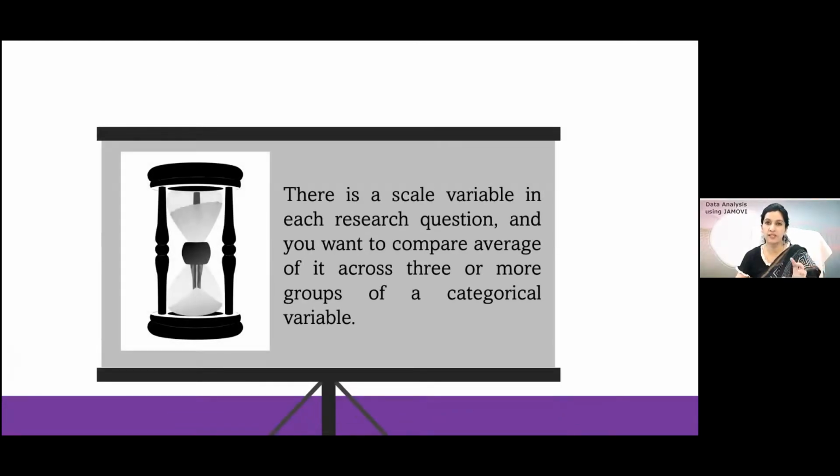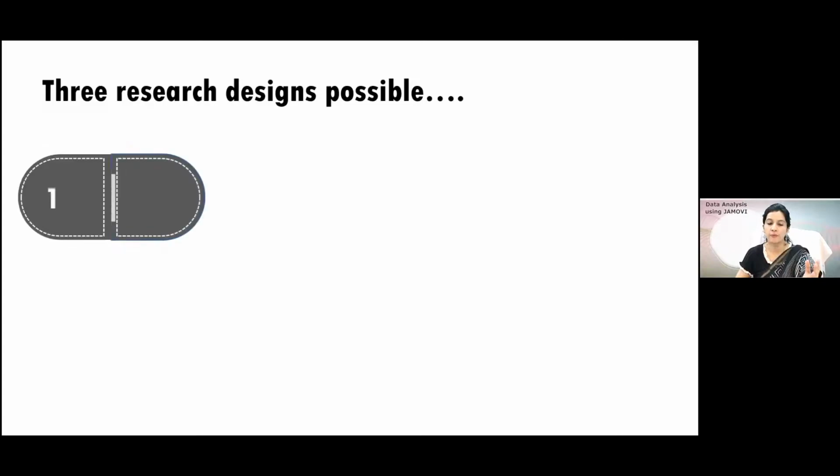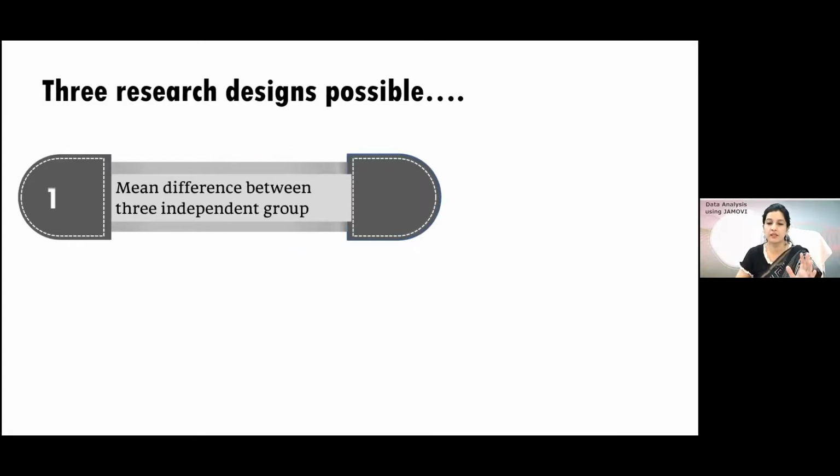In all these, we have observed that there is a scale variable in each research question, and I am comparing the average of this value across three or more levels of a categorical variable. Just remember, in the independent sample t-test we had two groups. In ANOVA, we have more than two groups, and that can be 3 groups, 4 groups, or more. So the appropriate statistical test is the one-way ANOVA.